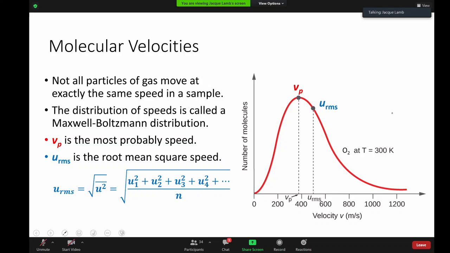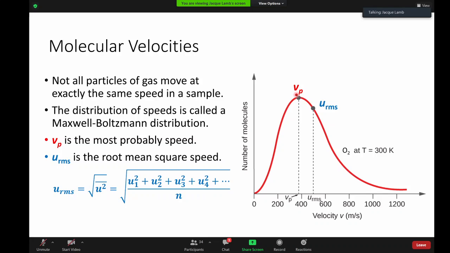So when you measure the speeds of all of the individual particles in a gas, you end up getting a curve that looks like this. It's called a Maxwell-Boltzmann distribution. The most probable speed is here. V sub p is the most probable speed. It's where the peak is the highest.